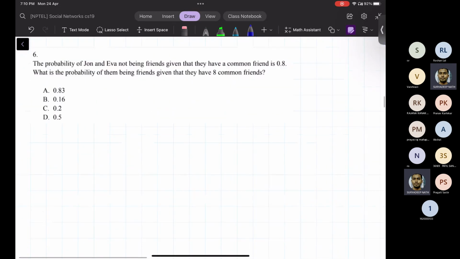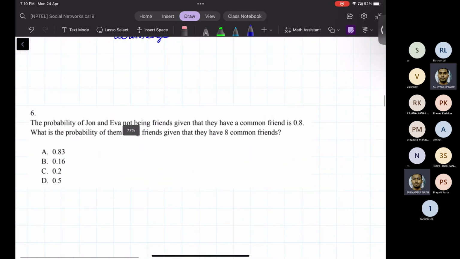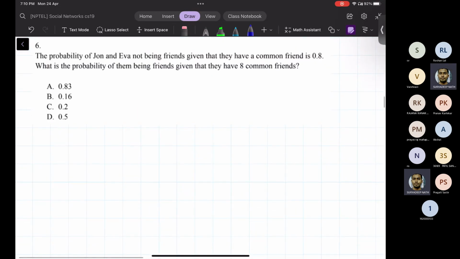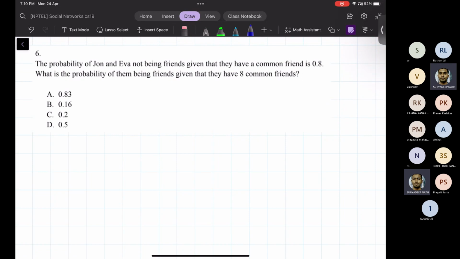Okay, coming to the next question, that is question number 6. The probability of John and Eva not being friends, given that they have a common friend, is 0.8. What is the probability of them being friends, given that they have 8 common friends? So let us call this 0.8 as p.